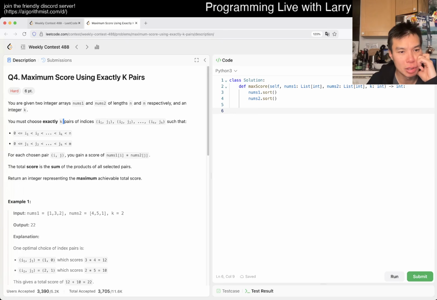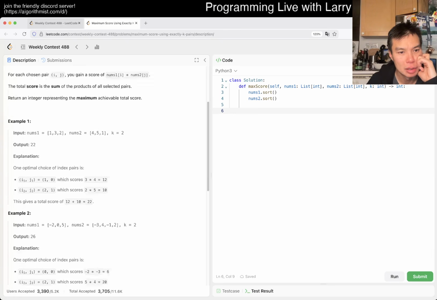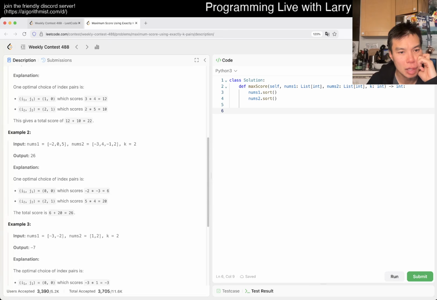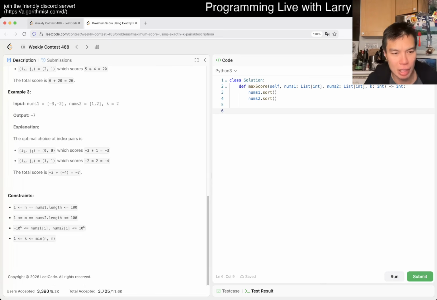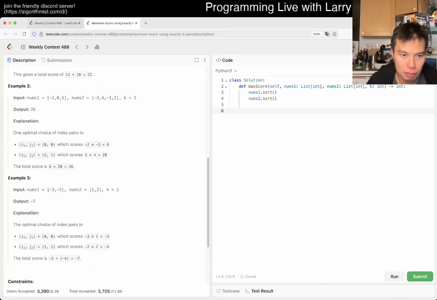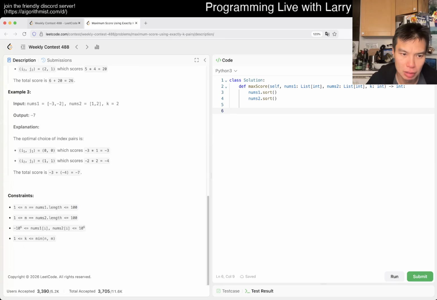I honestly would have thought this would be greedy. Oh, there's negative numbers, that's why. Okay, I see. And you have to pick sometimes, so you may have to pick negative numbers. 100 is interesting.